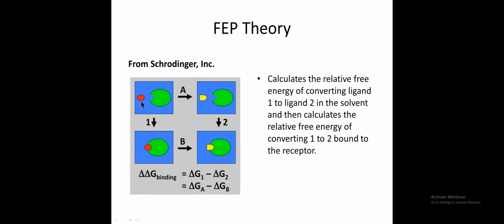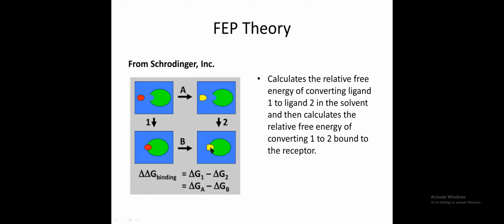So rather than calculating the difference in relative free energy going from the unbound to the bound state, we calculate the energy of changing this molecule into this molecule. And in the bound state, we calculate the difference of converting this molecule into this molecule.